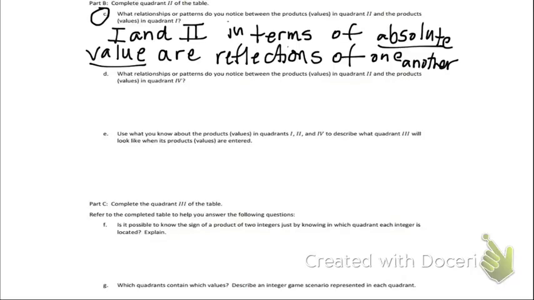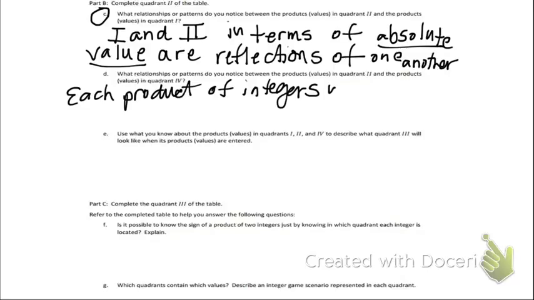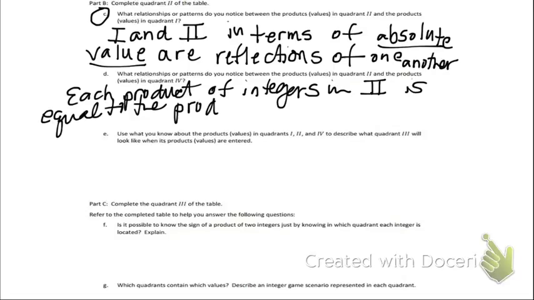So let's write that each product of integers in 2, I won't say quadrant again, is equal to the product of their opposites in 4.